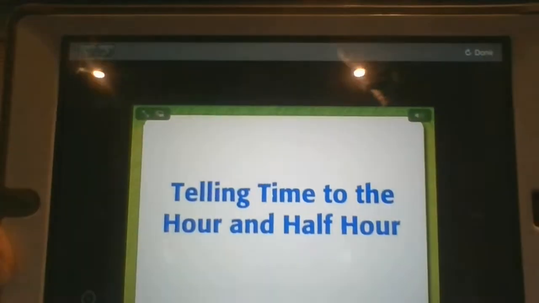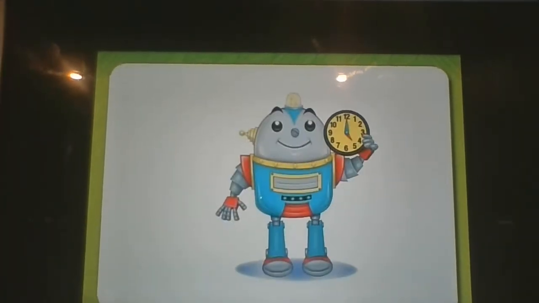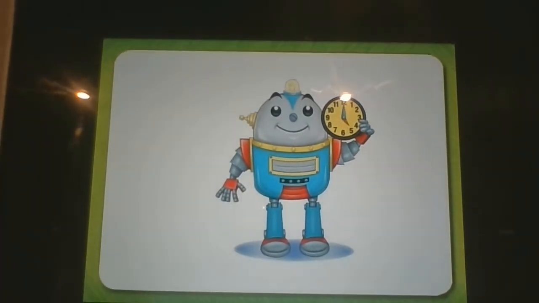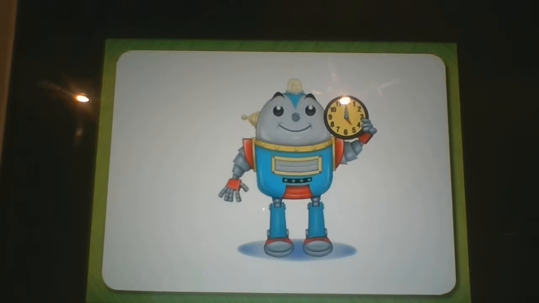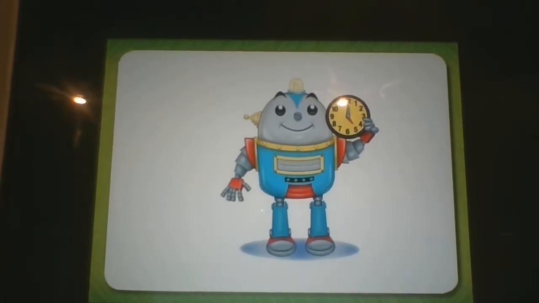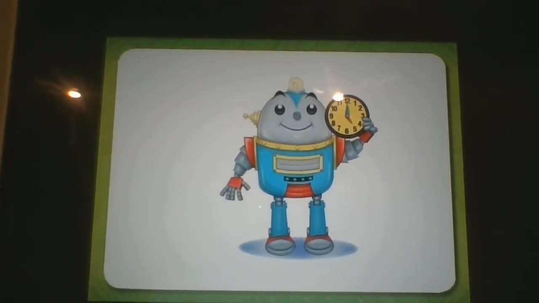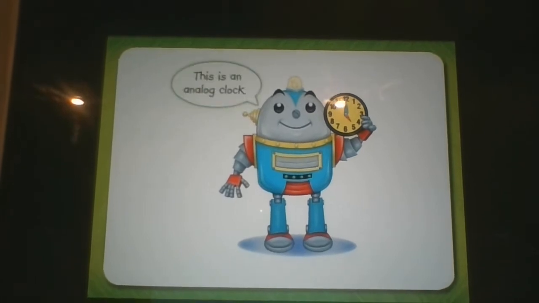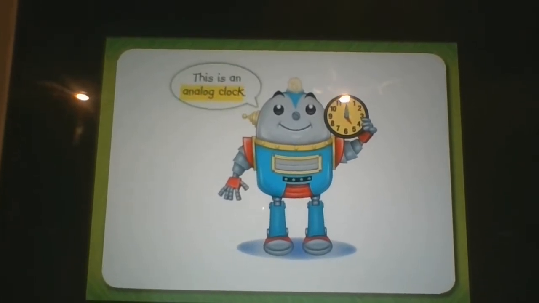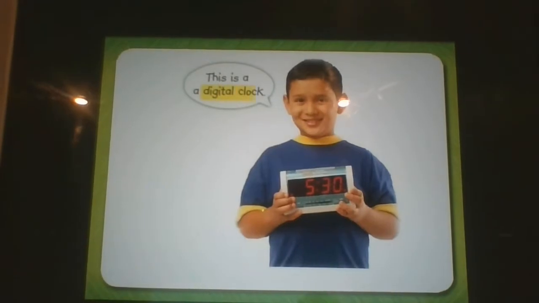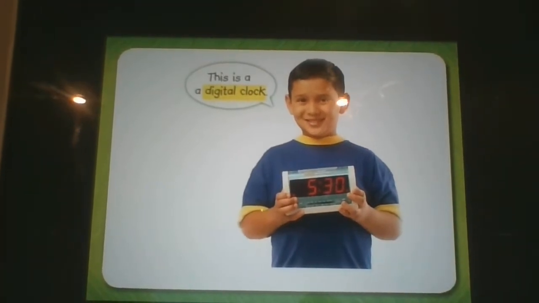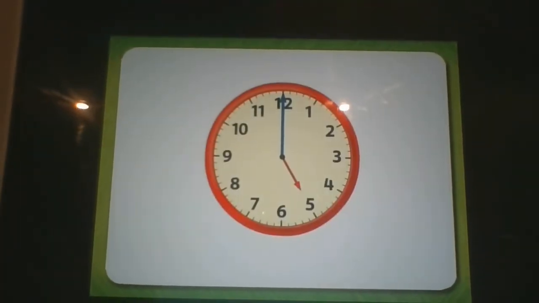Telling time to the hour and half hour. Do you know what time it is? Is there a clock nearby? What kind of clock is it? There are two kinds of clocks. This is an analog clock. This is a digital clock. Look at the analog clock.